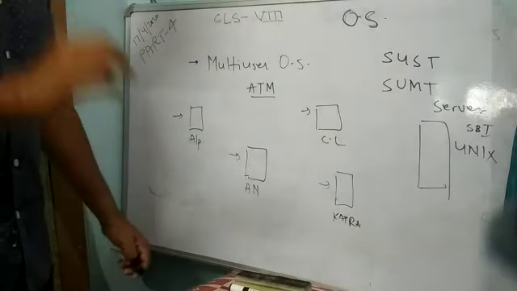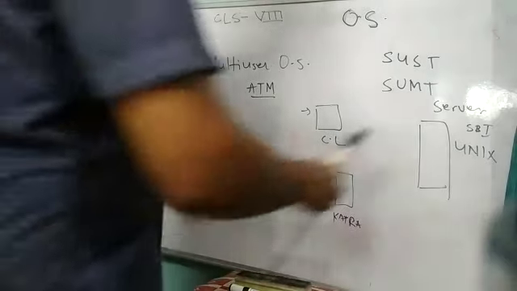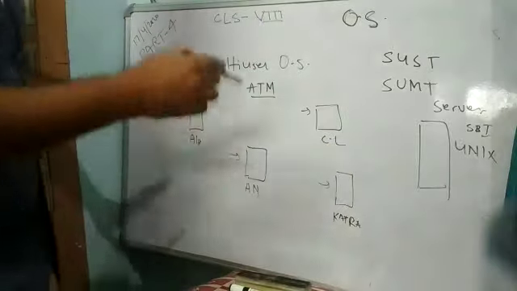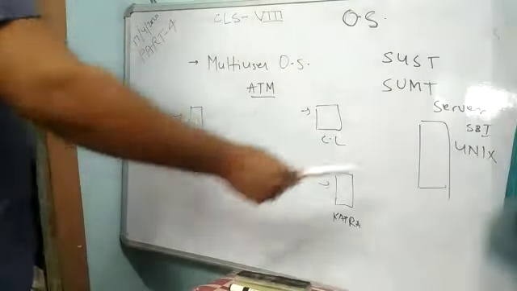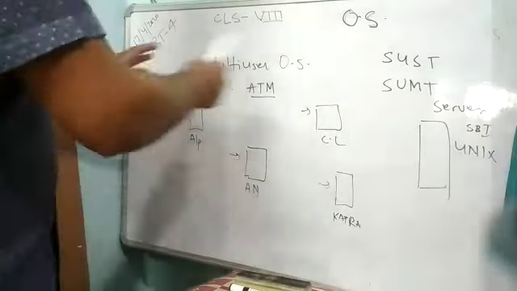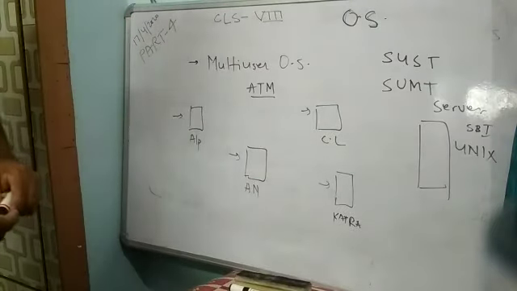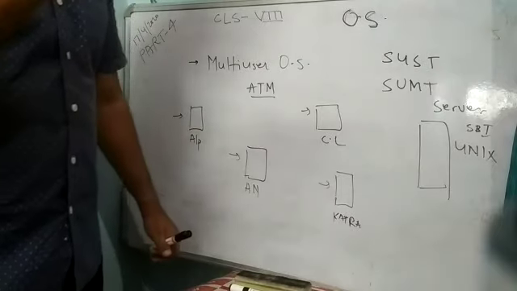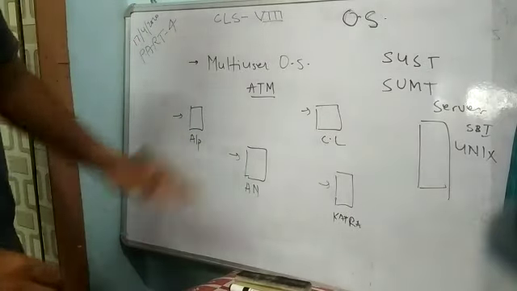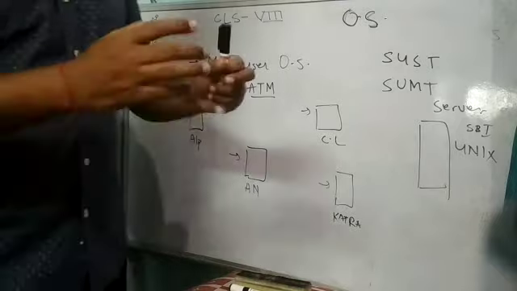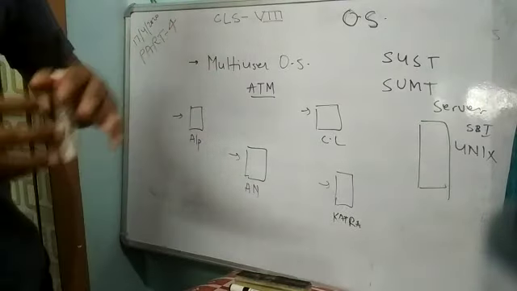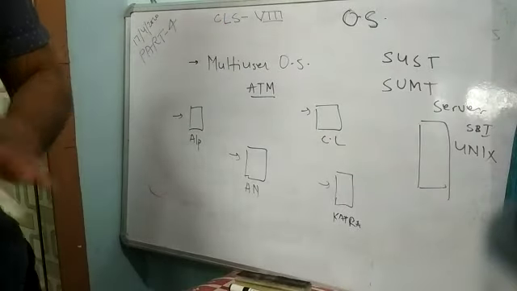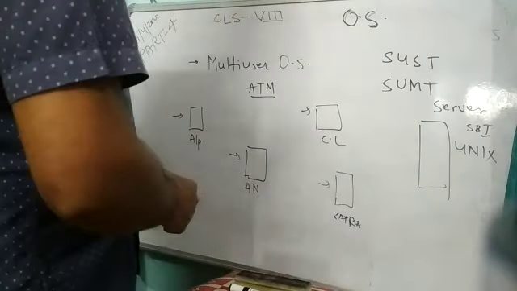Suppose any threat or virus affects the main server, then that infection will be shared to all the clients, all the ATMs. This is the biggest demerit of the multi-user operating system. It is very common: every technology has its advantages as well as its disadvantages. So this was the multi-user operating system.